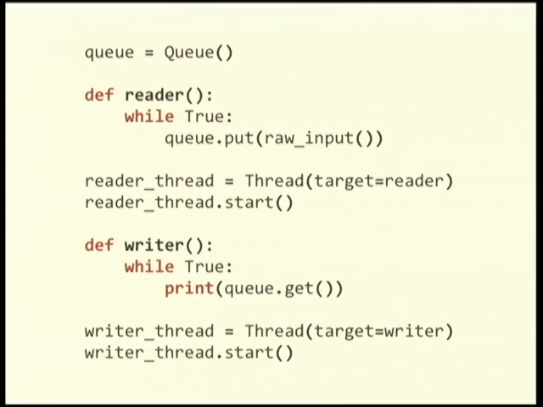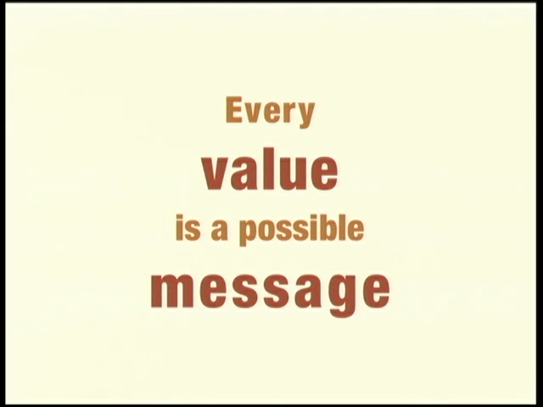How does this relate to functional core, imperative shell, and to values and all of this stuff? Well, if you think about sending things between processes, every value your system has is a possible message to another process. This is not true of something like a Django model. You can't just send a Django model through a pipe to another machine and then have it come out the other end and work, right?